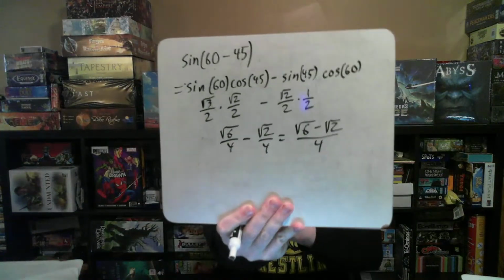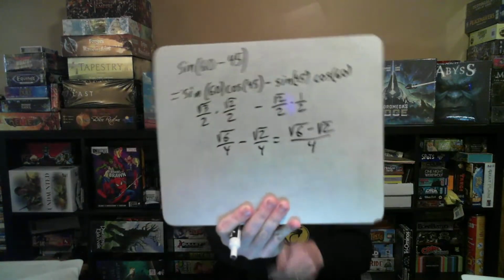It should, because we end up with square root of 6 over 4 minus square root of 2 over 4, which simplifies to the square root of 6 minus the square root of 2 over 4. So the big takeaway here is it really doesn't matter the pair, as long as it's a legitimate combination. You can't just do 100 minus 10 and say that's 15. That doesn't work. But as long as we have that, it's okay.